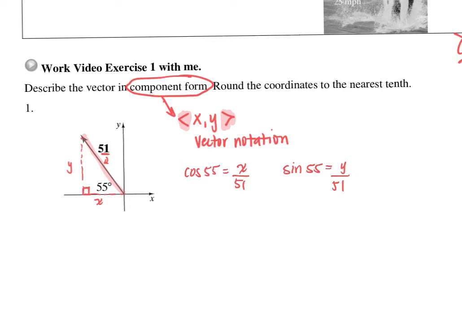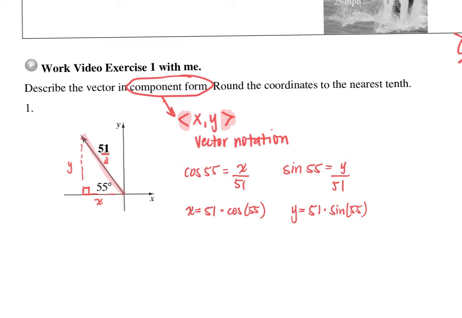So we do a little calculator work and algebra here. So x is equal to 51 times cosine of 55. And y is equal to 51 times sine of 55. And pulling out my calculator, and we're rounding to the nearest tenths.